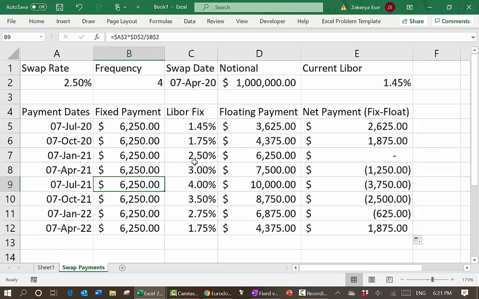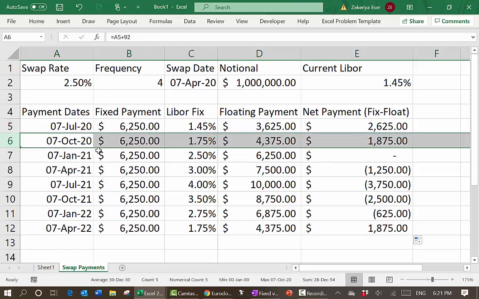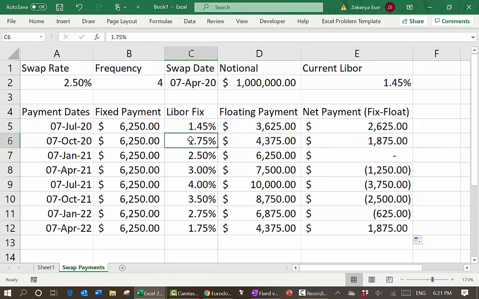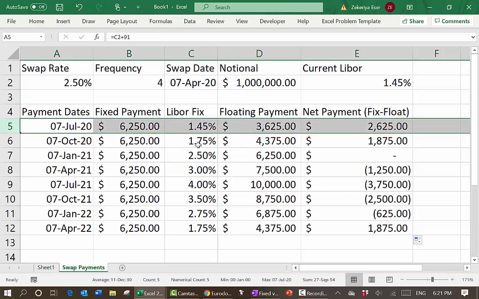For that purpose, let's kind of telegraph our move. Let's think about this payment. I'm going to fix this LIBOR that is going to apply on 7th of October on 7th of July.